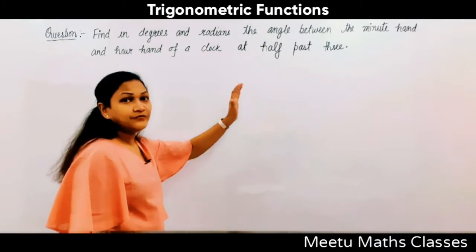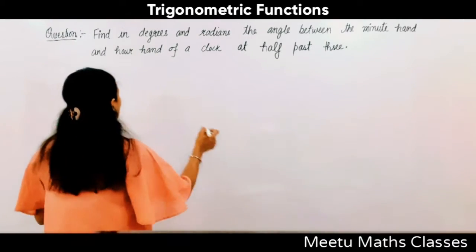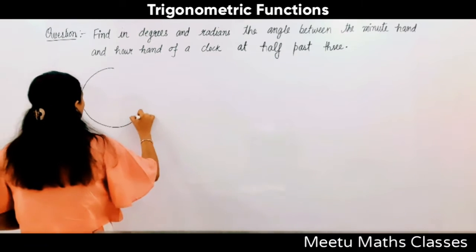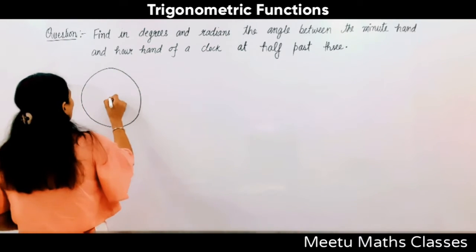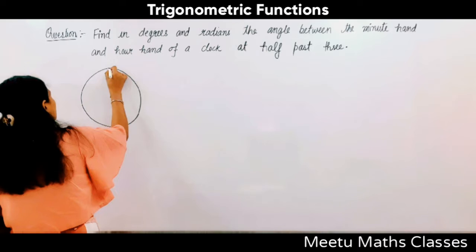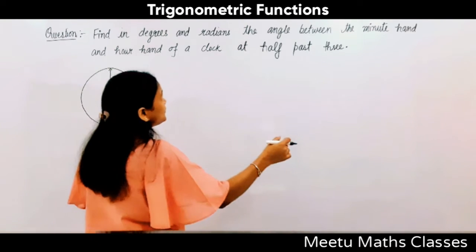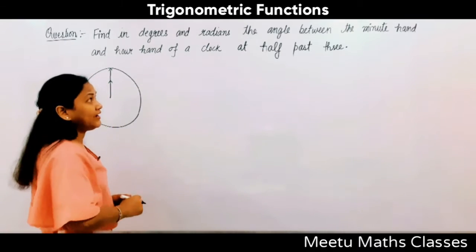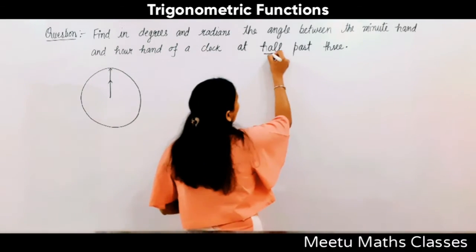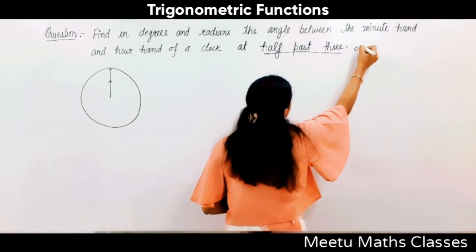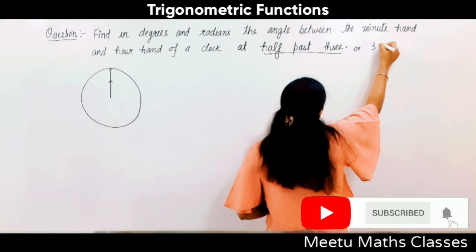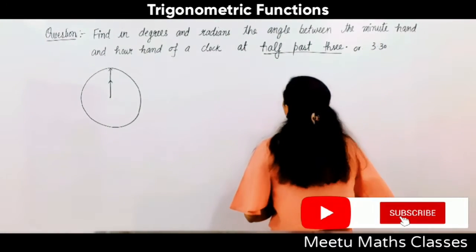You are given a clock, and in the clock we know that there are two hands, one is the minute hand and the other is the hour hand, and we are supposed to find the angle between these two hands when the time is 3:30, or we can say 3 hours 30 minutes.